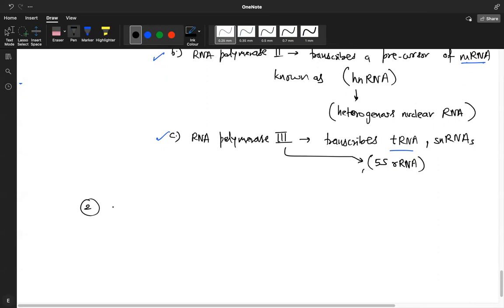The second complexity is that the primary transcripts, the word transcript is used for RNA, simple. So here the primary transcript is hnRNA, remember, right? Yes, sir. Then when it gets mature, it's called the secondary or the mature transcript, which is mRNA. So the primary transcript contains both exons and introns.